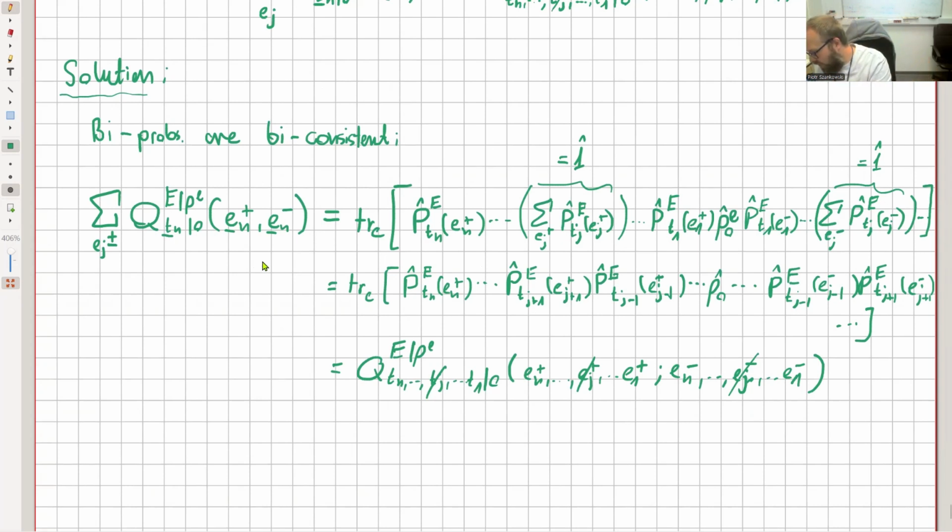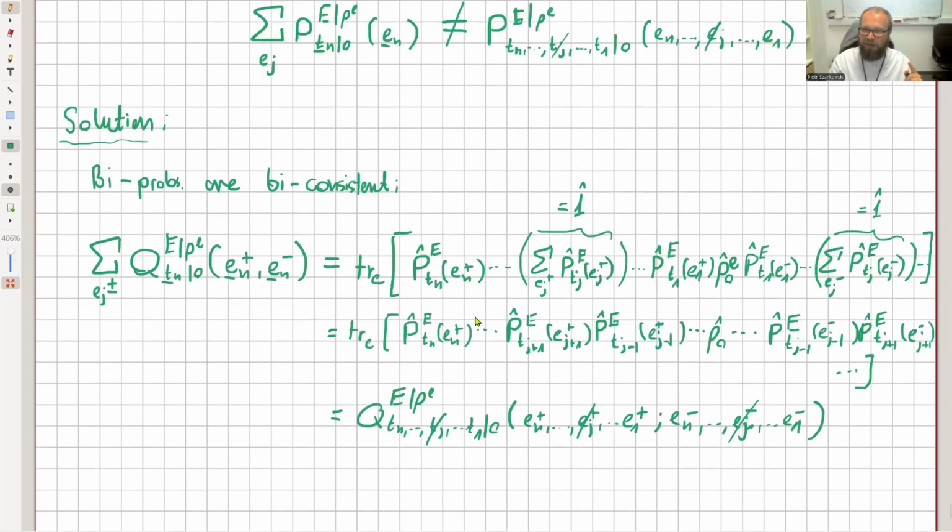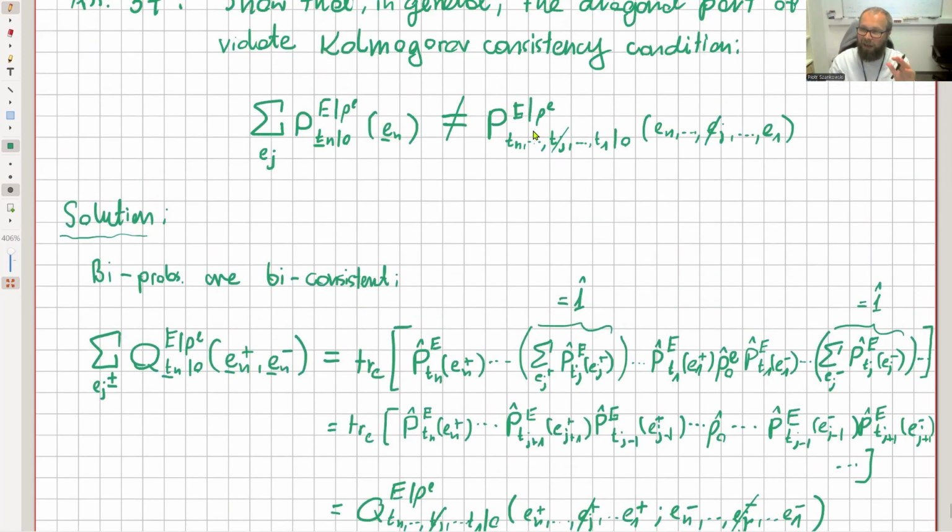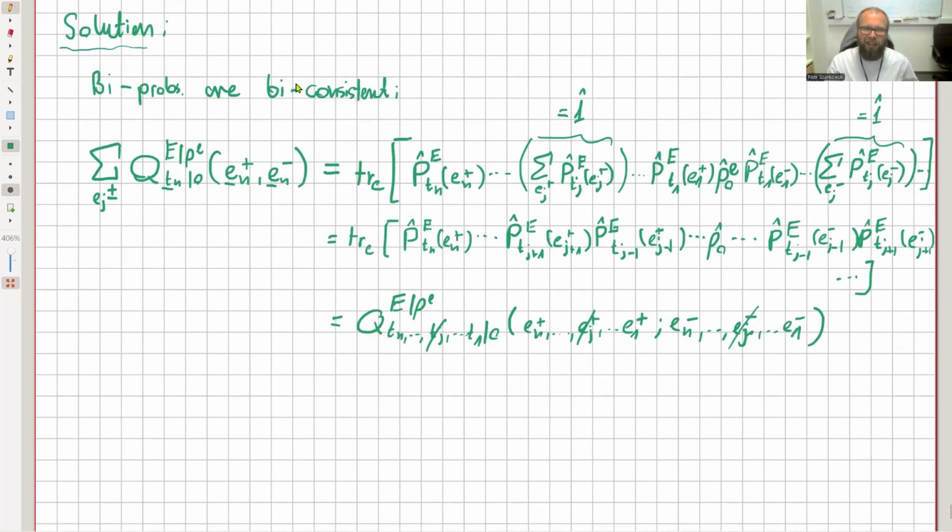So now I will use this to show that the diagonal part alone is inconsistent. Because this biconsistency works for every sequence of timings and every sequence of arguments, E plus and E minus, except for the one we are summing over, because we are summing over everything.